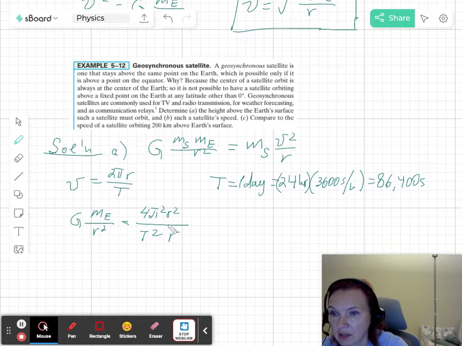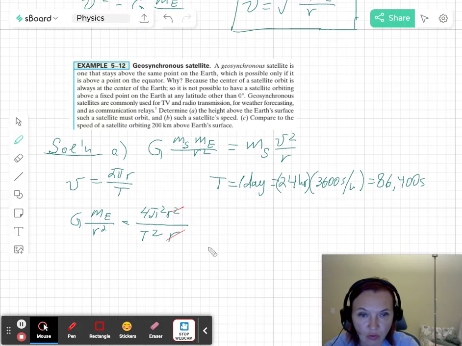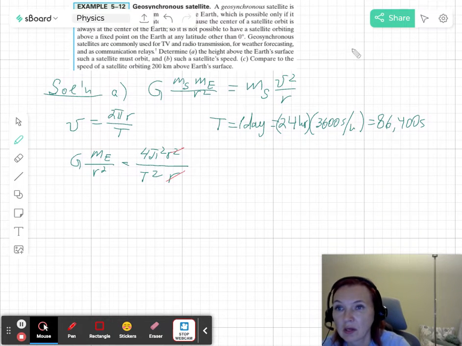Let's see if we can cancel anything else. Oh, we can cancel this r with one of those r's. And now we can find the radius, and therefore the height above the Earth's surface. That's what we're looking for. So we can cross multiply and simplify.